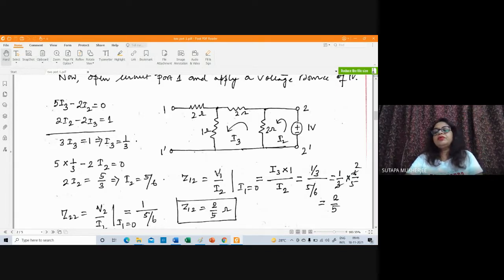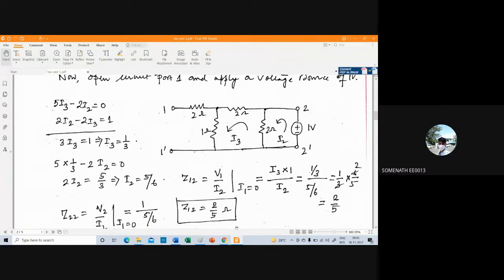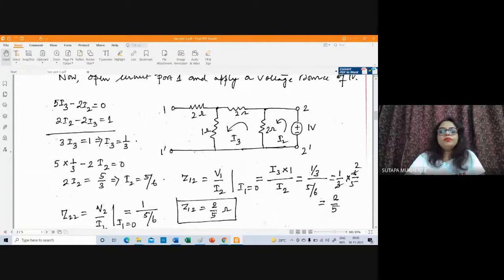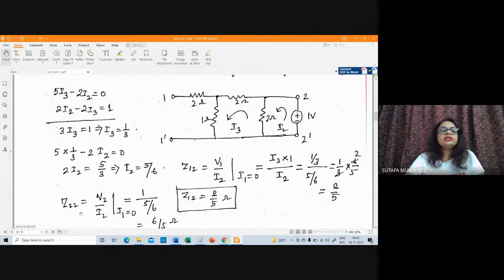Then anybody can tell me what is the unit of V1 by I2? V by I. What is the unit? Ohm. Exactly. So what is Z22? V2 by I2, provided I1 is 0. So V2 is equal to what? 1.